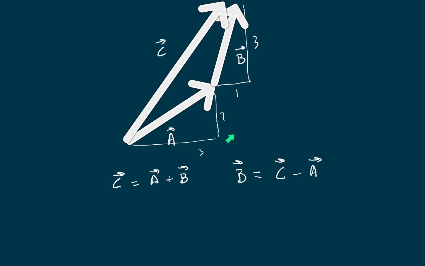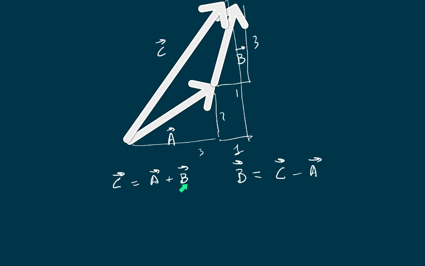The 3 and the 1. The C is here. And it displaces up 2 meters and 3 meters. So the operation of A plus B is equivalent to the operation of C. So C equals A plus B.